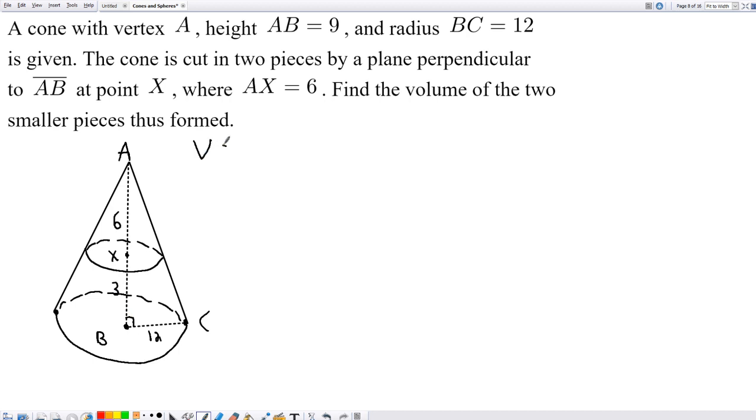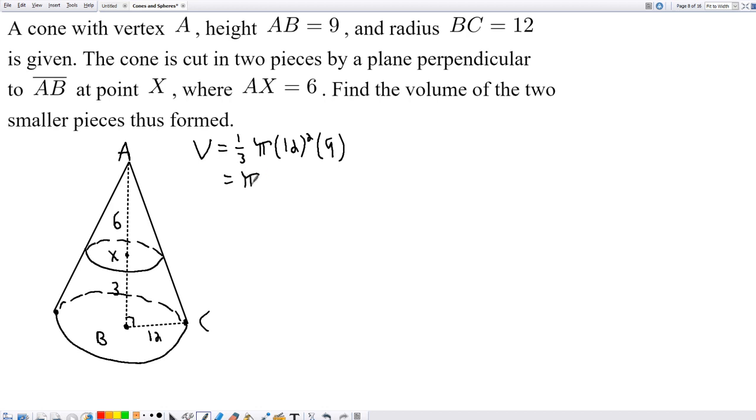So the volume of the entire cone is 1/3 pi r squared h. The radius of the entire cone is 12, so you have 12 squared times the height, which is 9. 1/3 times 9 is just 3.